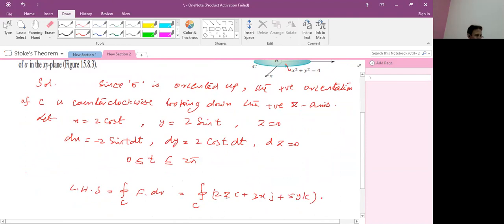When we find the derivative, it means dx i plus dy j plus dz k.